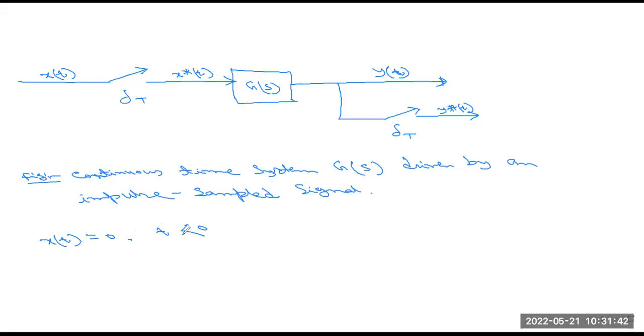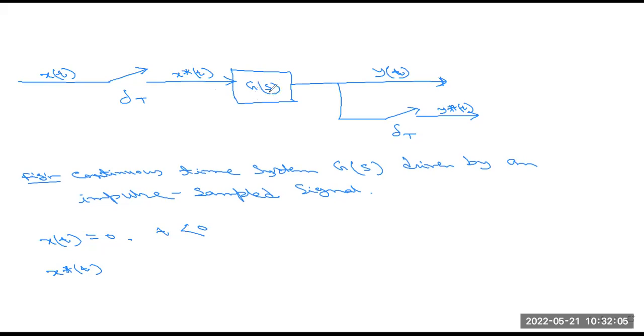So in this condition, the impulse sampled signal, that is x asterisk of t, is basically the input to the continuous time system, and it is transferred through the function G(s).